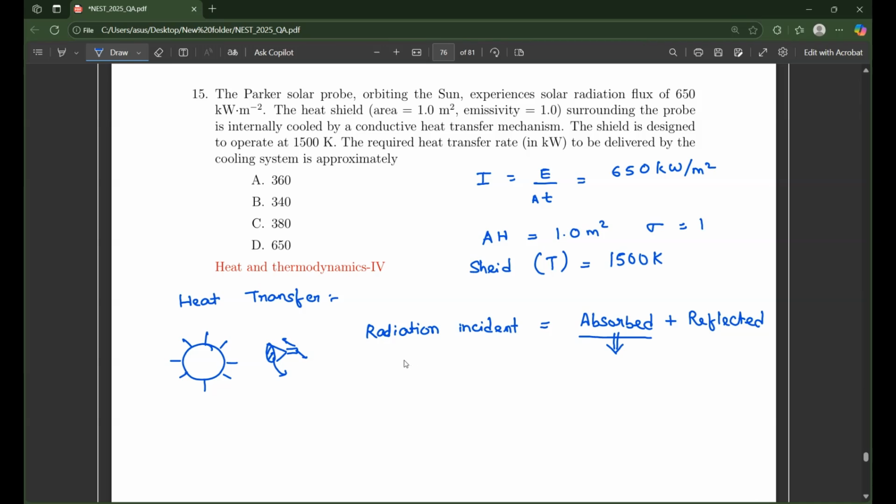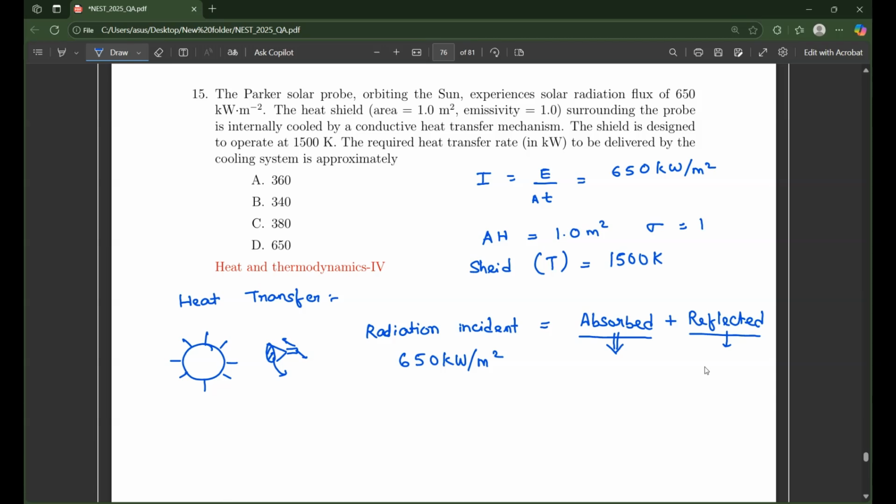Incident radiation, we know it's 650 kilowatt per meter square. Reflected, we have to calculate by black body radiation, assuming this as a black body and its emissivity is equal to 1. So how much radiation it can emit, by that we can get the reflected or radiated part.